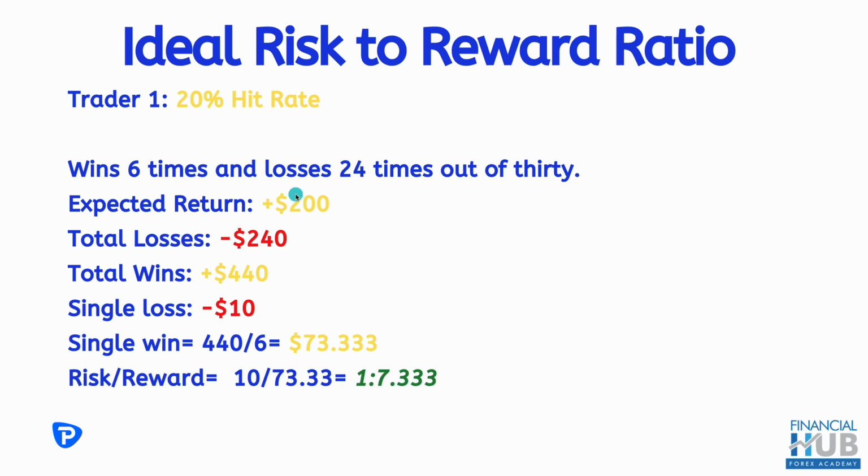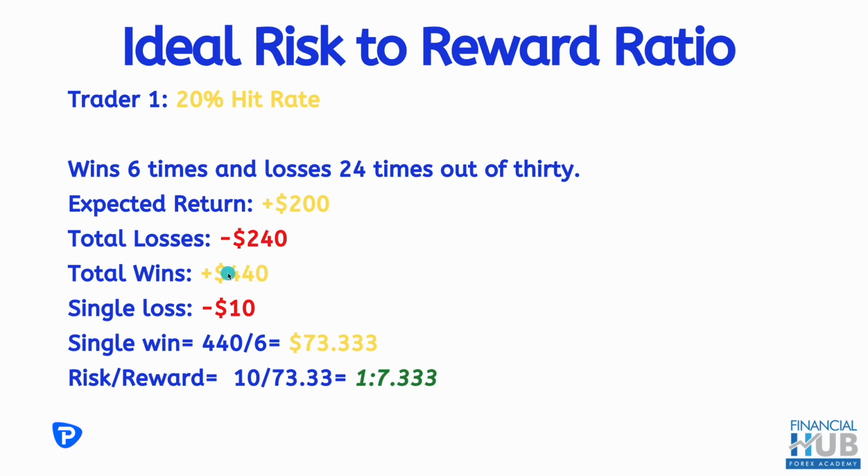So you simply add $200 to your loss, and factor in the loss as just 240, not negative 240. So basically I need to make $200 and still cover my loss of 240. So that is 240 plus 200. That is now 440. Basically, if you do 440 minus your losses 240, you get your expected return of $200.